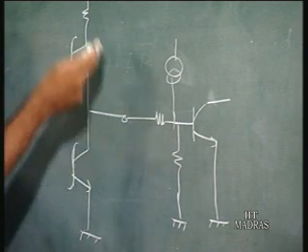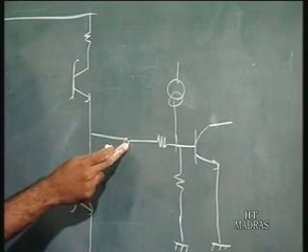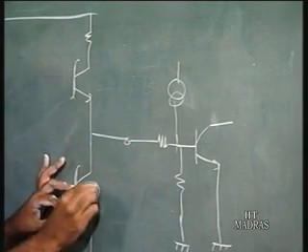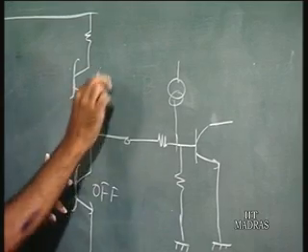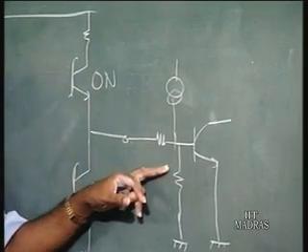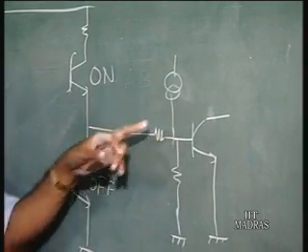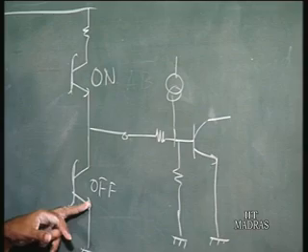And when the output of this TTL is high, that is, this transistor is off and this transistor is on, the current is going to flow in here, and this is not going to sink any current.